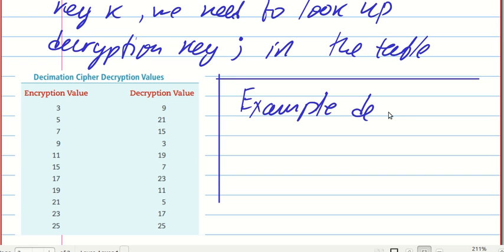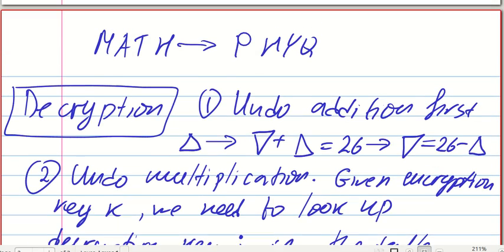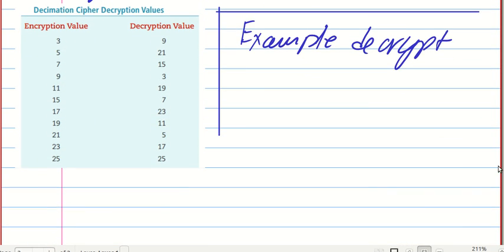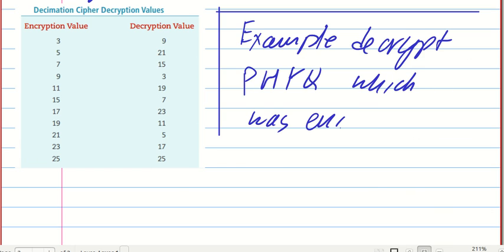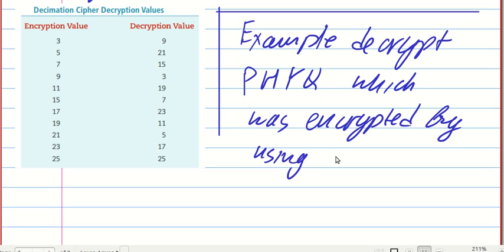Decrypt PHYQ, which was encrypted by using k equals 5 and delta equal to 7.